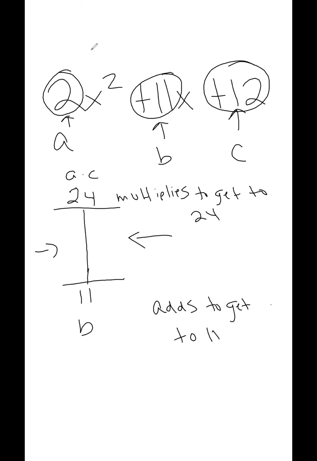Let's start with 1 times 24, which is 24. That multiplies to get 24. But when I add 1 plus 24, I get 25, which is not 11. So 1 times 24 won't work.